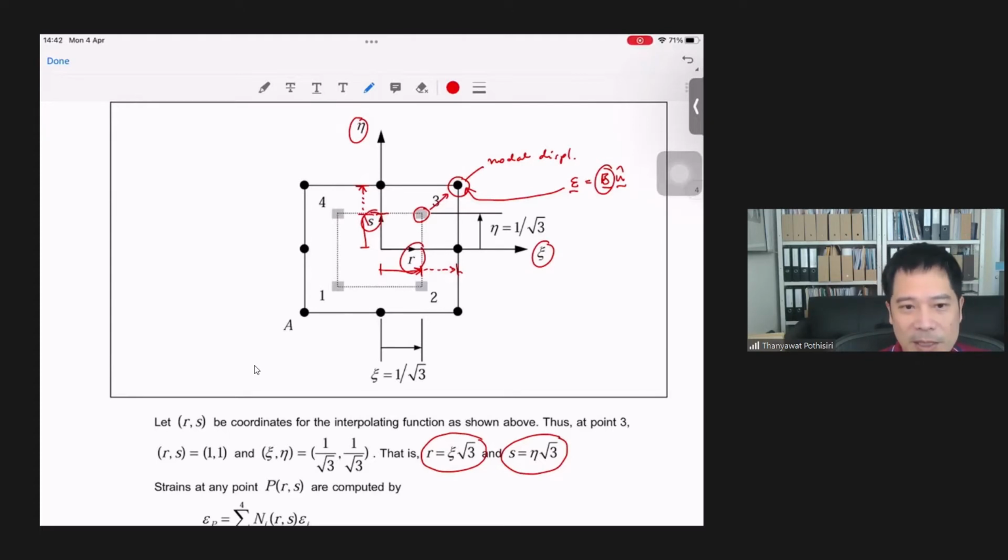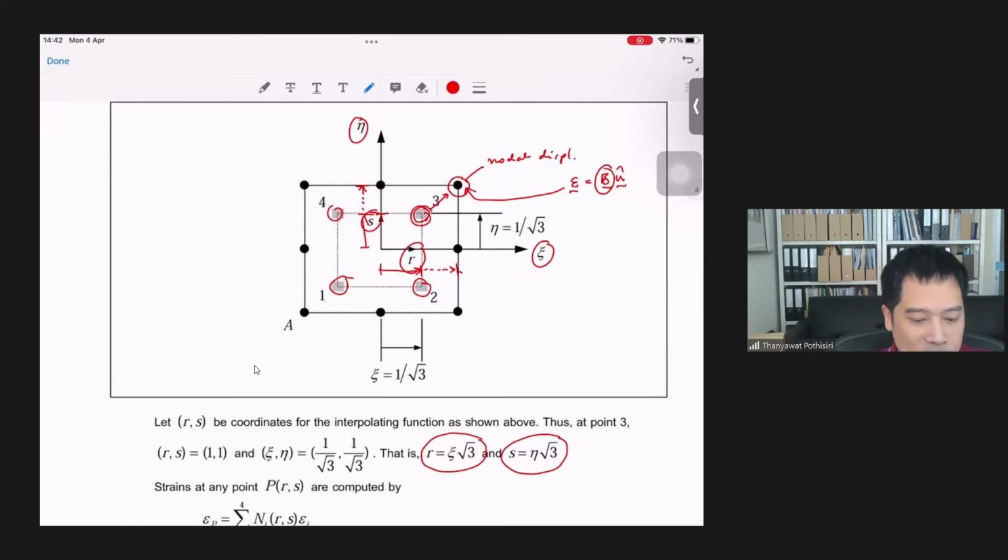Instead, once you obtain the strain values at the sampling points, you can use this B matrix that you have evaluated at the sampling points, because you need them to evaluate the element stiffness matrix. So you can use them and extrapolate to the nodes, instead of having to compute the B matrix all over again.